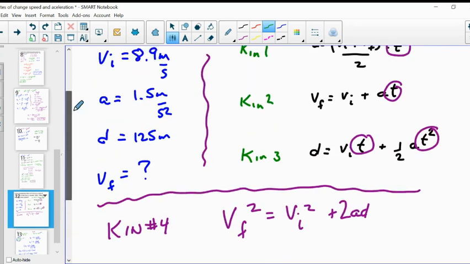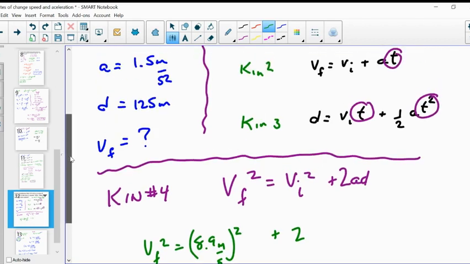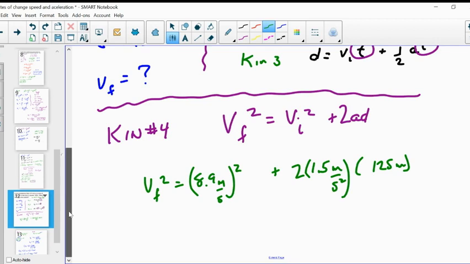Once again, we knew that our initial velocity was 8.9 meters per second. And we're going to square that. And to it, we're going to add 2 times the acceleration, 1.5 meters per second squared, in brackets, multiplied by our distance, which was 125 meters. Once again, I want to point out that the units always have to work out when we're doing this.